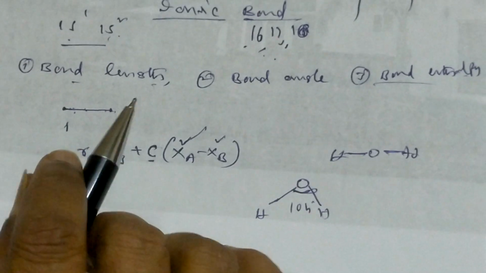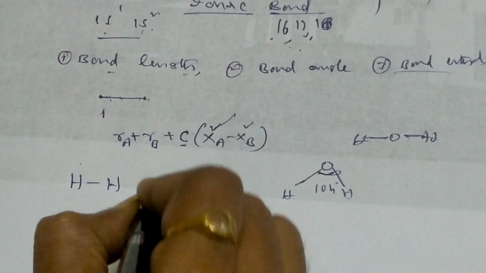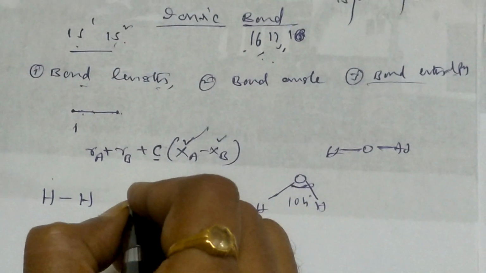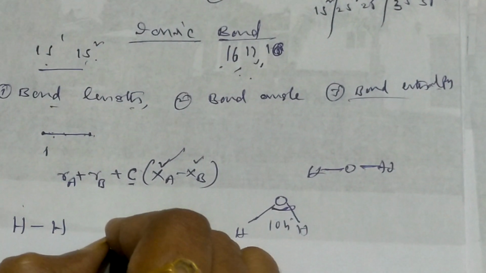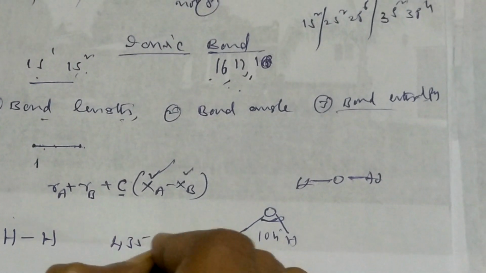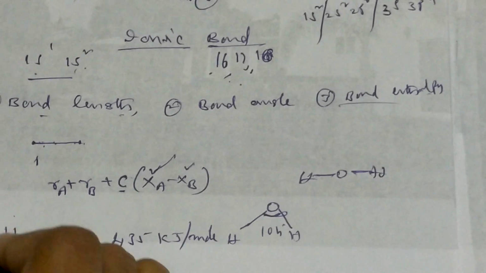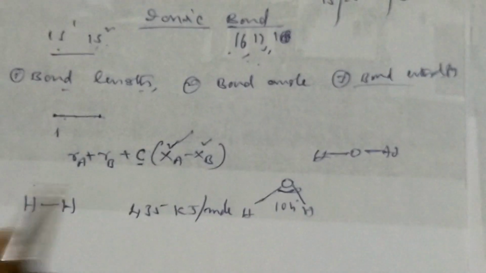Suppose hydrogen, H-H. The bond enthalpy is 435 kilojoules per mole. That means this much energy is to be given to break the hydrogen molecule into hydrogen atoms.